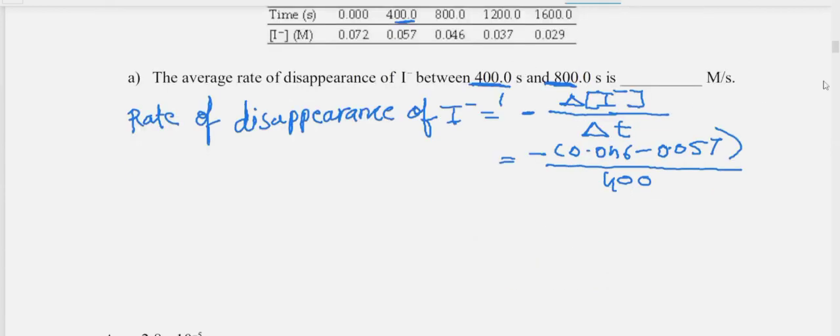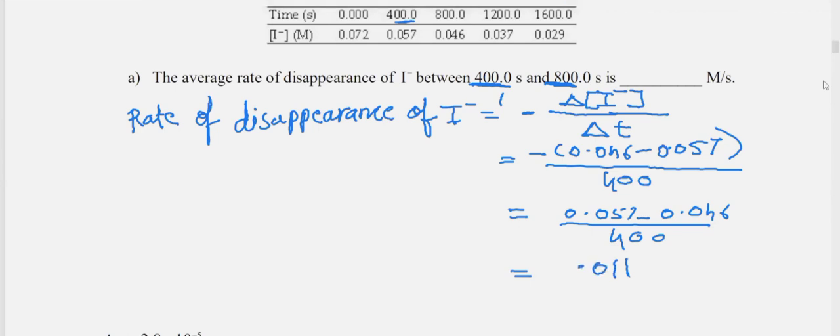If you solve this, you'll get the answer here. The minus minus becomes plus. So I'll write 0.057 minus 0.046 divided by 400. 7 minus 6 is 1, 5 minus 4 is 1, so 0.011 divided by 400.